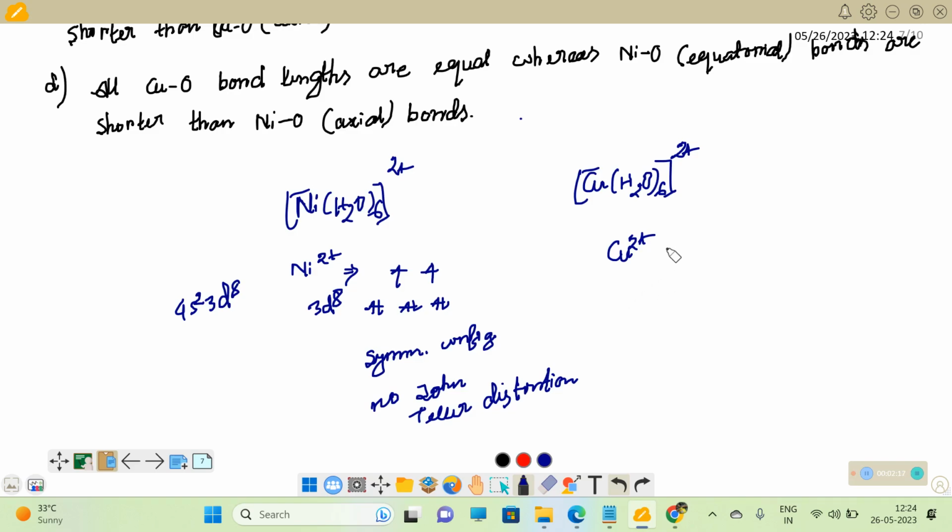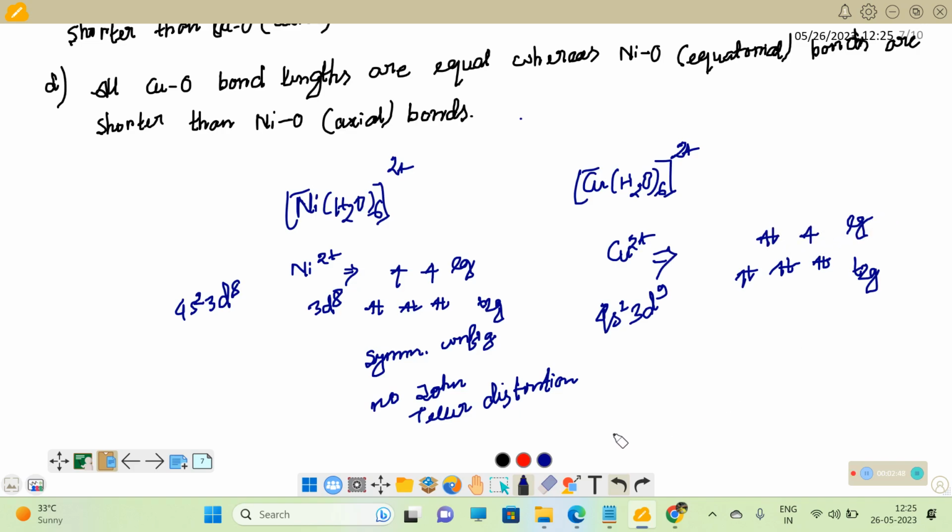Here, for Cu2+, Cu has 4s2 3d9, and here the configuration is t2g6. I am not writing this thing, it is easy, you know this. This is t2g, and there are 3 electrons in eg.